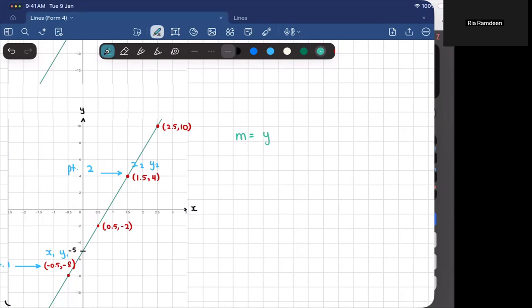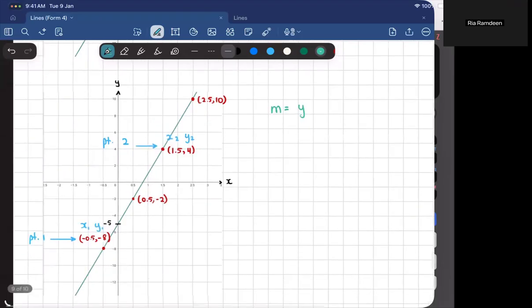Yeah, it makes sense. So when we're talking about change, we're talking about the final minus the initial.